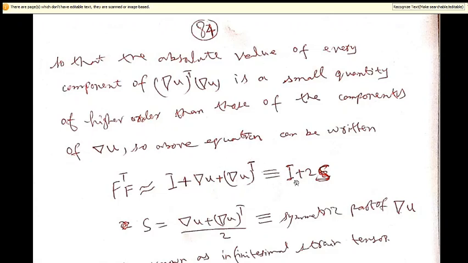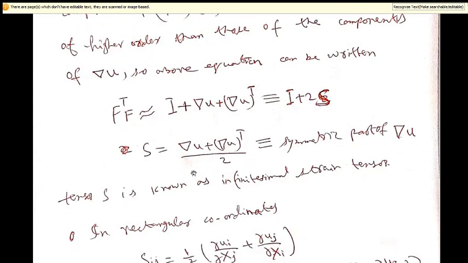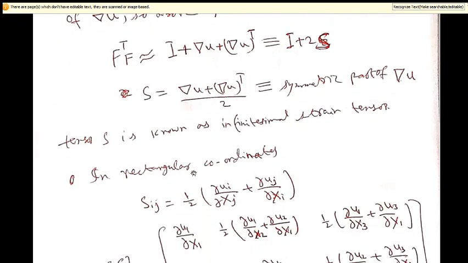This thing can be written as this, where S is this, which is basically the symmetric part of the gradient of u. We see this tensor as the infinitesimal strain tensor.